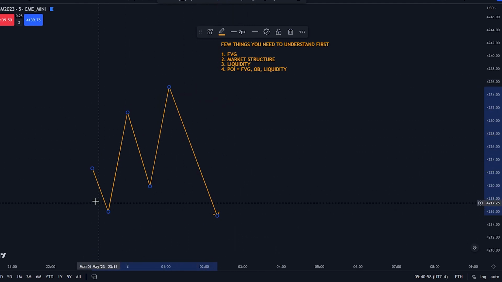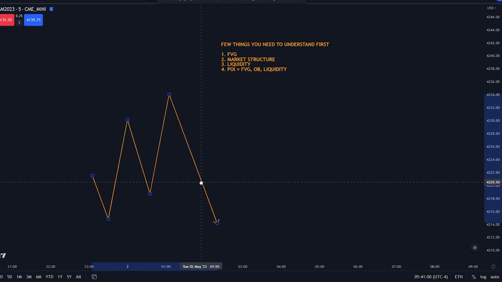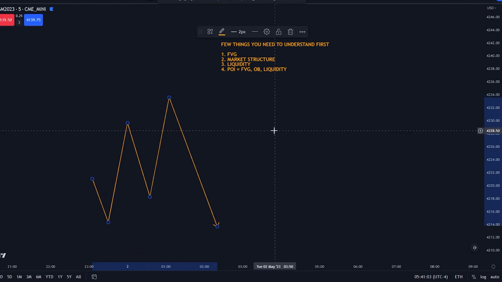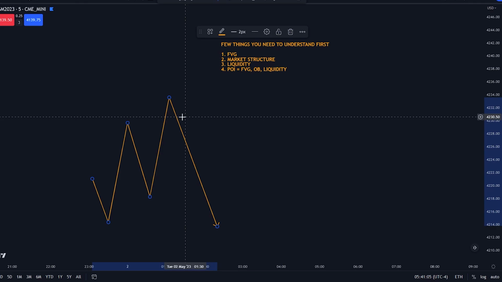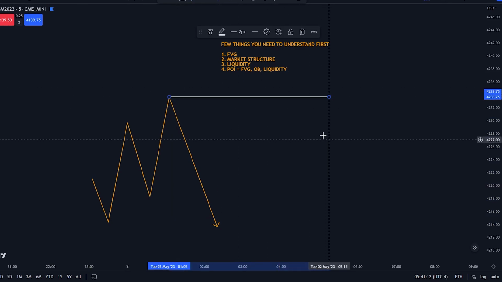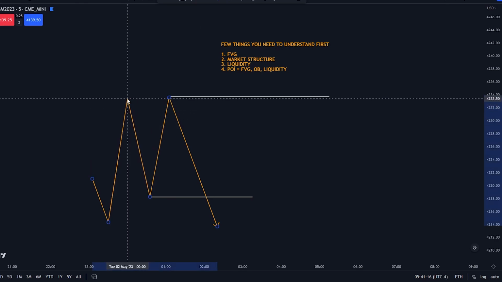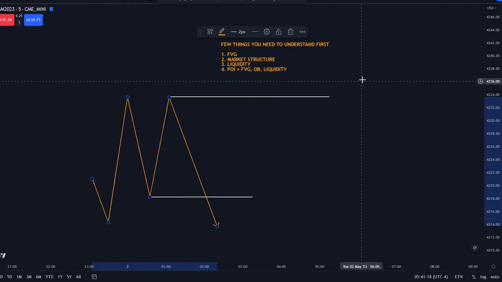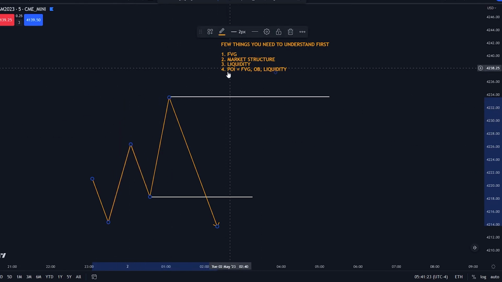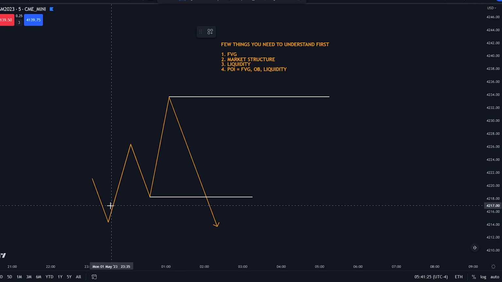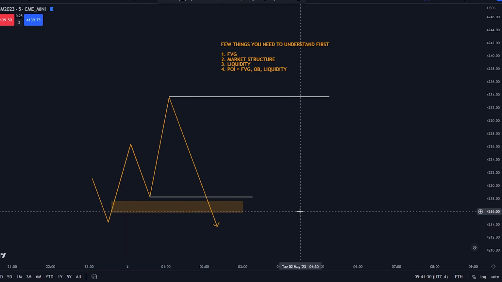So this is higher time frame, and we are looking for our point of interest. And that can be the liquidity, which could be this high right here. It's also this low. And if you have equal highs, it's also your point of interest. It can also be a fair value gap somewhere. So if you have a fair value gap here on a higher time frame, it's your point of interest.